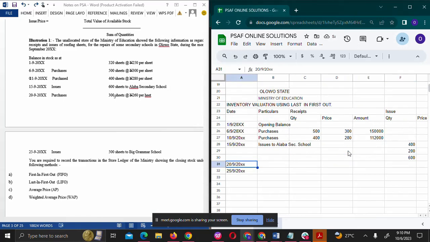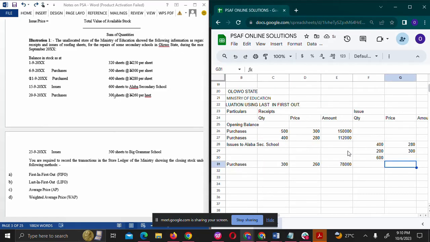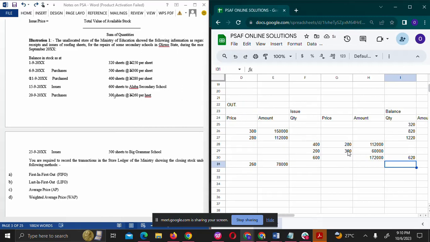Then on the 29th, I have purchases, right? Purchases have no long story. For purchases, you have 300 units at 260 naira, and that's 260 times 300, right? So I'll come to my balance and add it up.